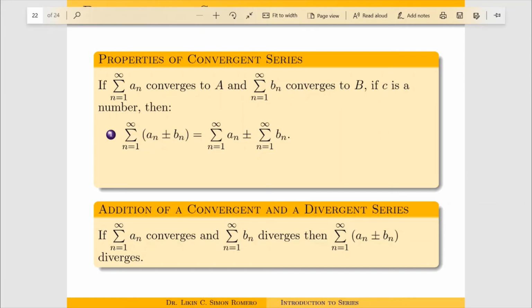That series is actually just the sum of a_n plus the sum of b_n, or A plus B. Likewise, with the minus, this would be equal to A minus B. And so we can see that this is equal to A plus or minus B.